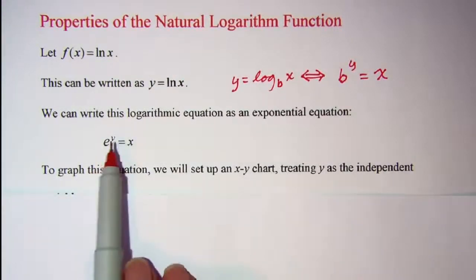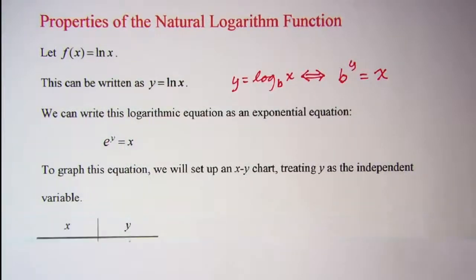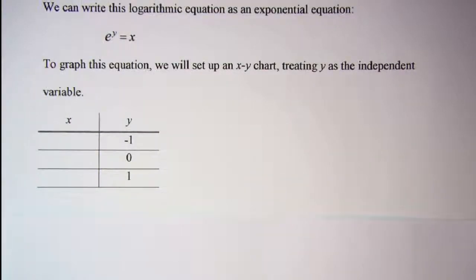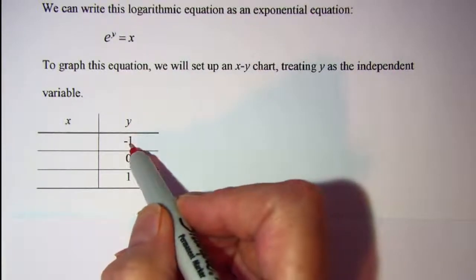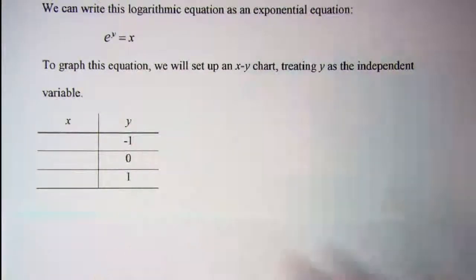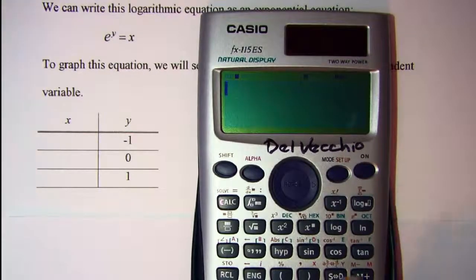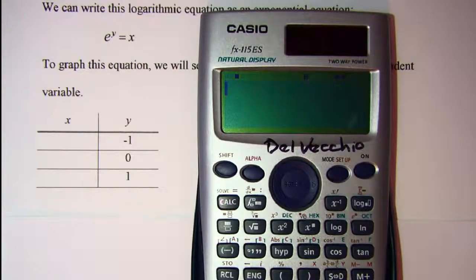Now we can graph this, but it's easier if we let y be the independent variable. So we'll set up an xy chart. When y is -1, you can see right above the ln button is e to a power. So I'm going to use that key.